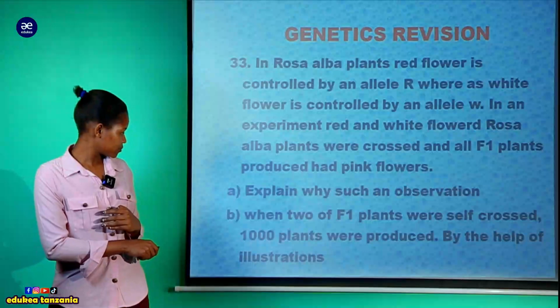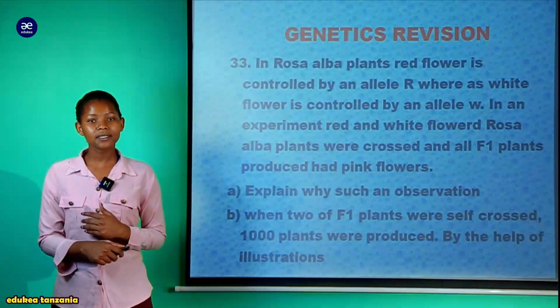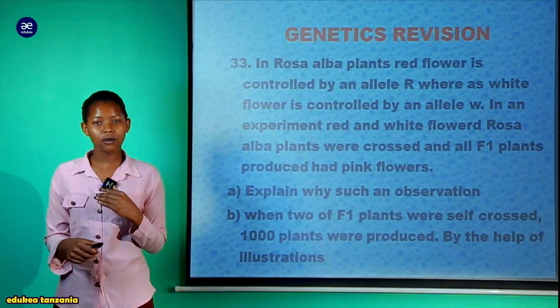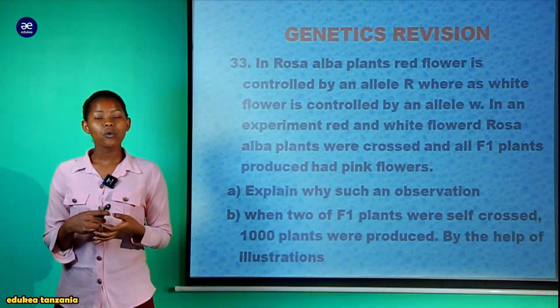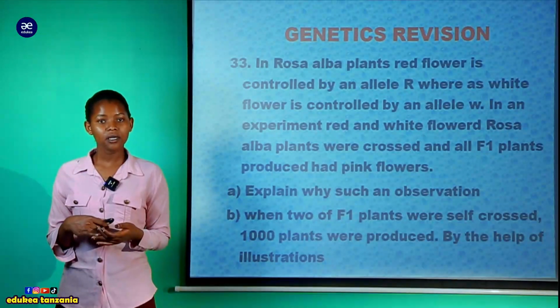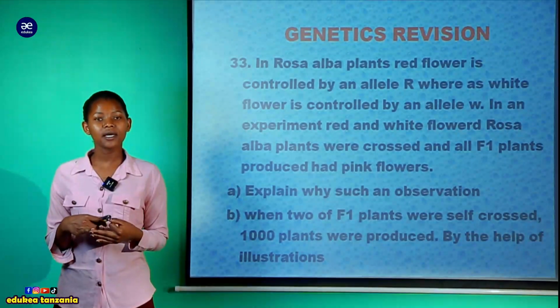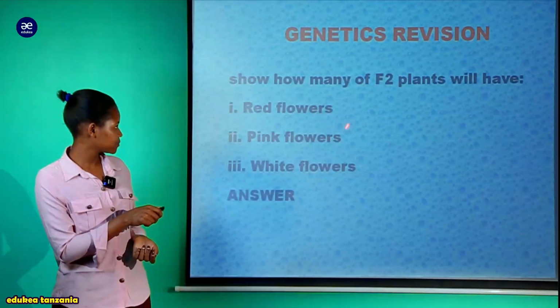And we can see on the F2 generation, 1,000 offsprings were produced. From there, we will have to determine how many were pinky, how many were red in color, and how many were white in color, as you can see here.